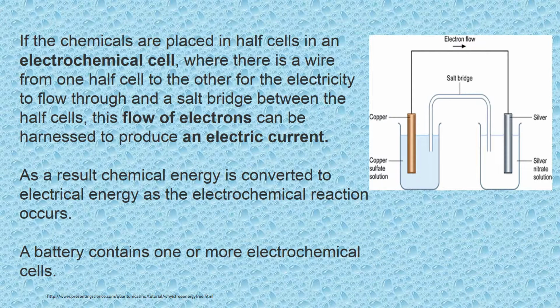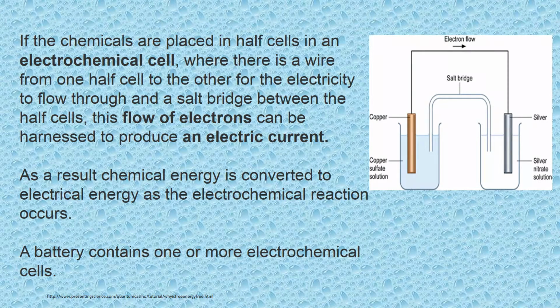The only difference is you notice they're actually separated now. But then you notice these lines on top. What is this line here? This copper rod is actually connected to the silver rod through a metal wire. And on the inside there's something called the salt bridge, which I'll explain in the next video.